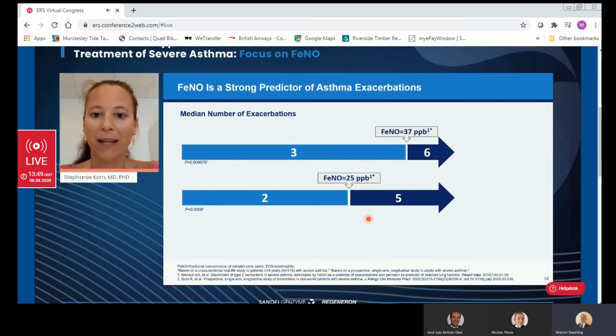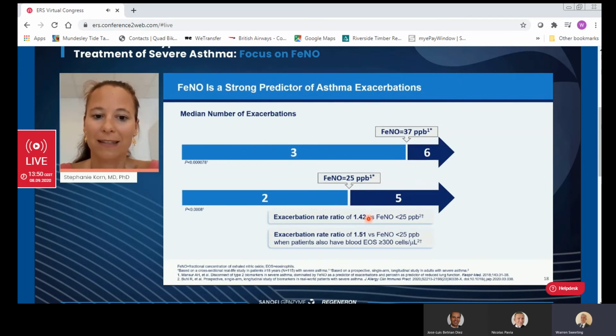And in addition, if blood eosinophils is added as a biomarker, the prediction of exacerbations even improves. So adding an additional biomarker can predict asthma morbidity even better. And this is demonstrated on that slide. So the box at the bottom shows you that having another biomarker, the predictive value is even greater.